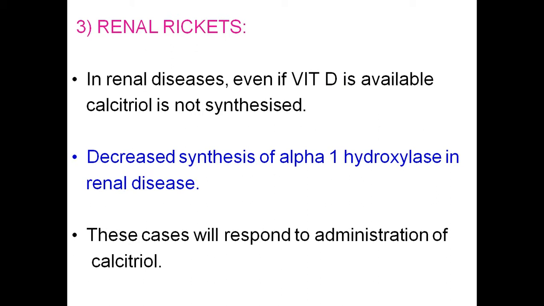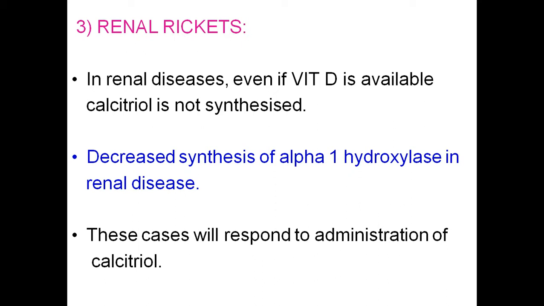Third type of rickets is renal rickets. In renal diseases, even if vitamin D is available, calcitriol is not synthesized, because the 1-alpha hydroxylase enzyme is not present.